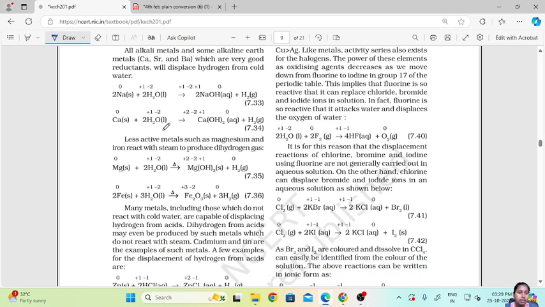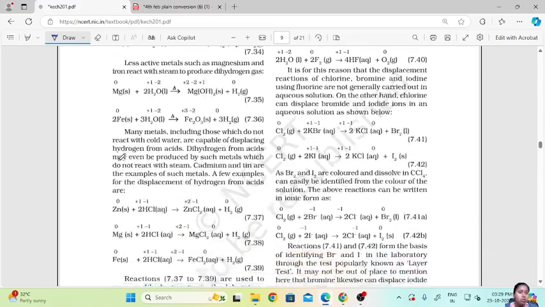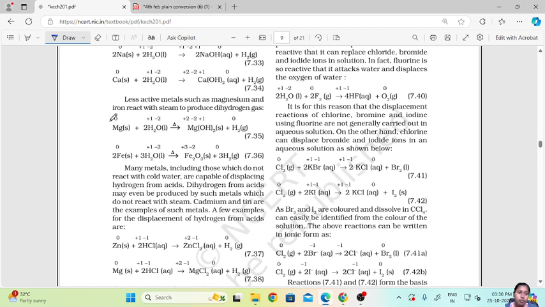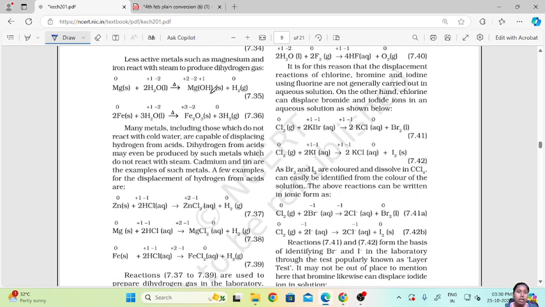Less active metals such as magnesium and iron react with steam to produce dihydrogen gas. So cold water is used for sodium and calcium, whereas for magnesium and iron steam is used. When magnesium and iron are reacted with steam, they produce dihydrogen gas.